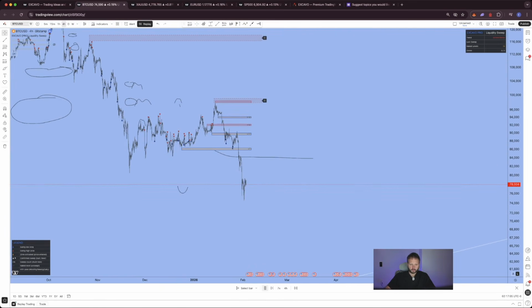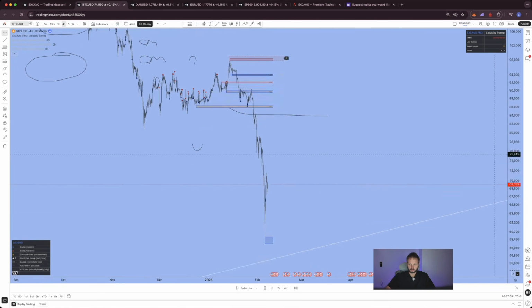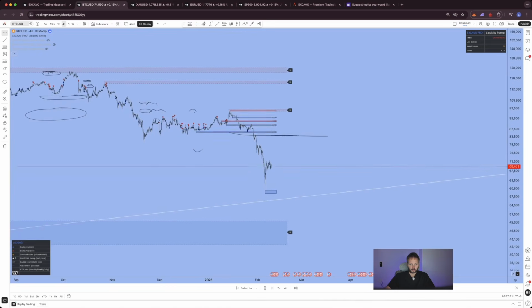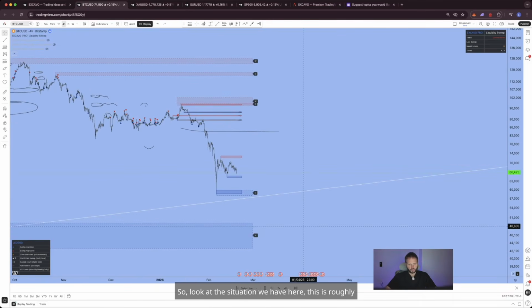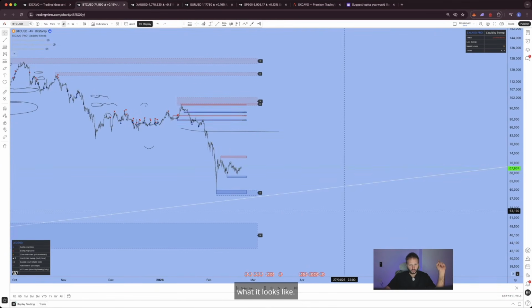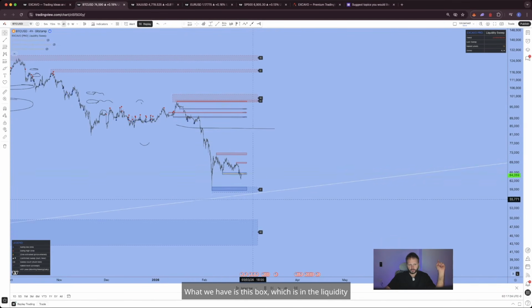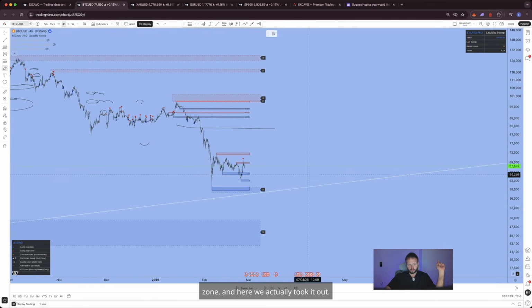Excellent. You understand that I can't remember exactly where and how it happened right now. So look at the situation we have here. This is roughly what it looks like. What we have is this box, which is in the liquidity zone, and here we actually took it out. In the end, this is what I remember now.